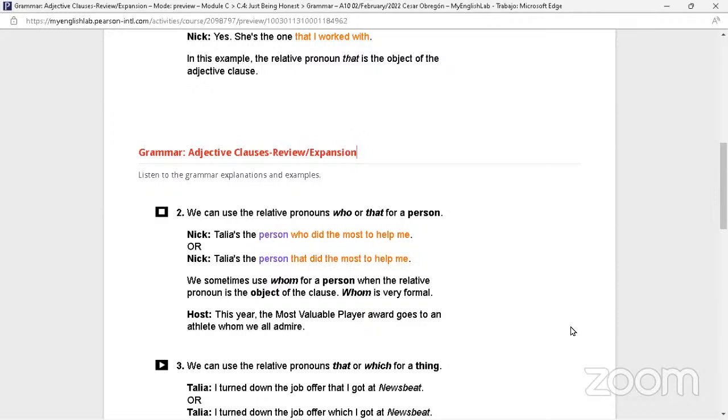We sometimes use whom for a person when the relative pronoun is the object of the clause. Whom is very formal. This year, the Most Valuable Player Award goes to an athlete whom we all admire. Question: at some point, have you used whom in the past, or were you familiar with it? Yes.